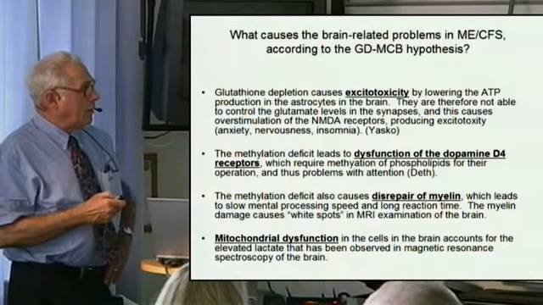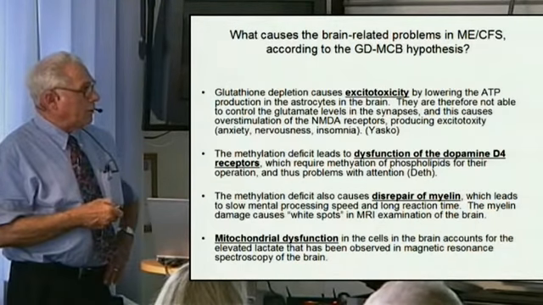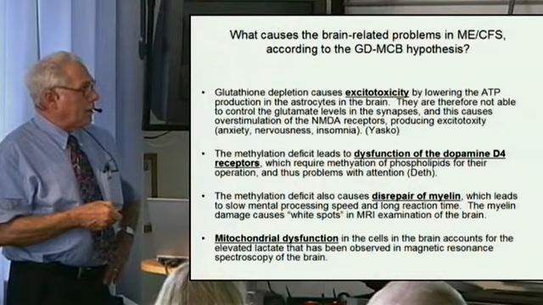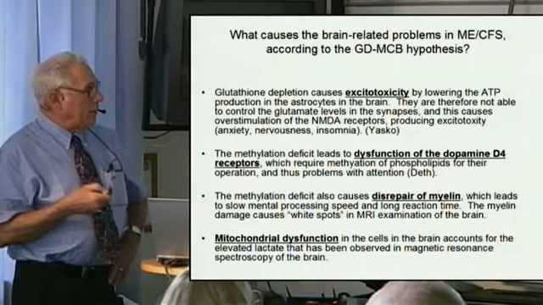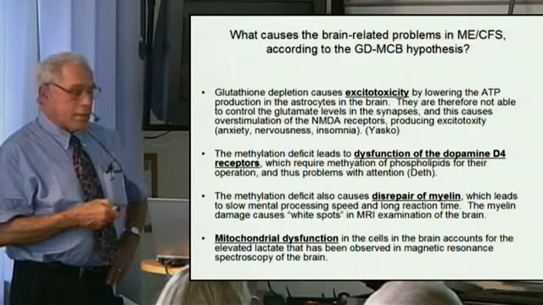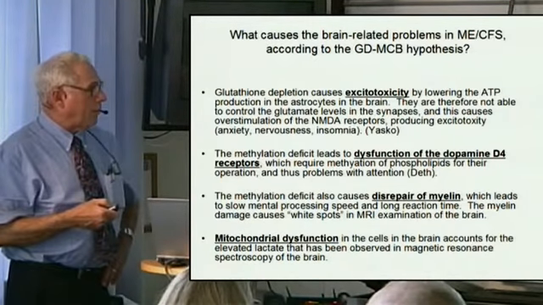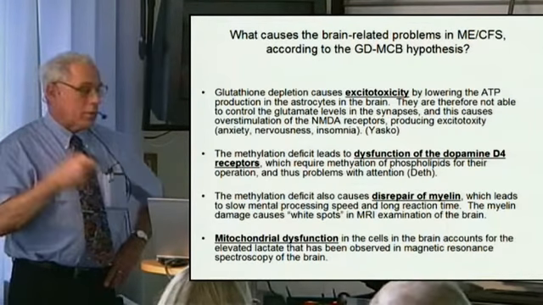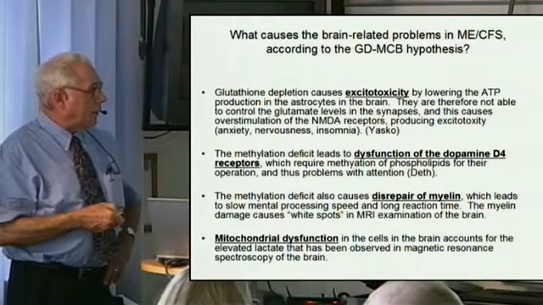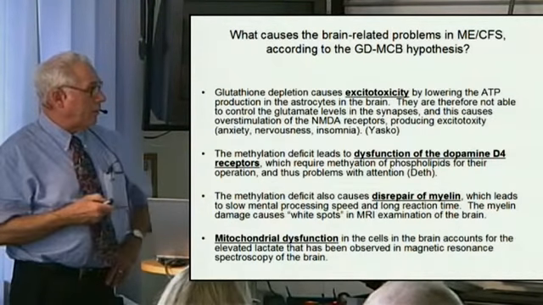Well, when glutathione is depleted, it affects the astrocytes, and their mitochondria do not make enough ATP, so they have trouble importing the glutamate and converting it to glutamine, which they're supposed to do. And that leaves more glutamate in the synapses, and that causes the excitotoxicity.